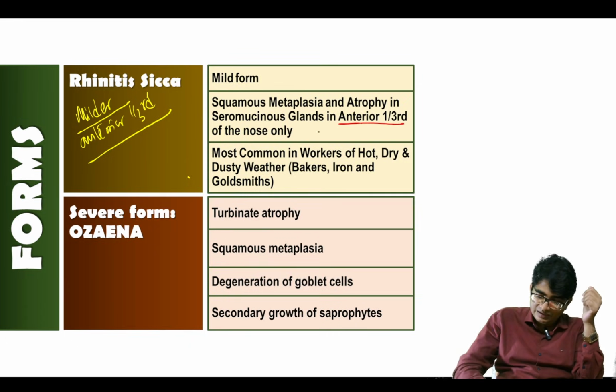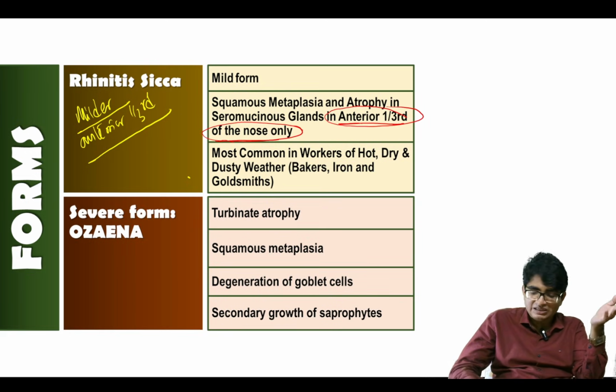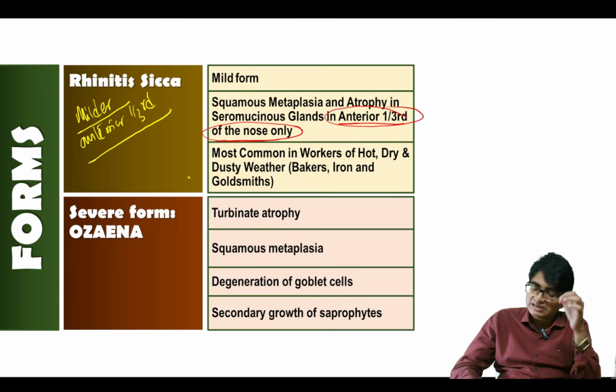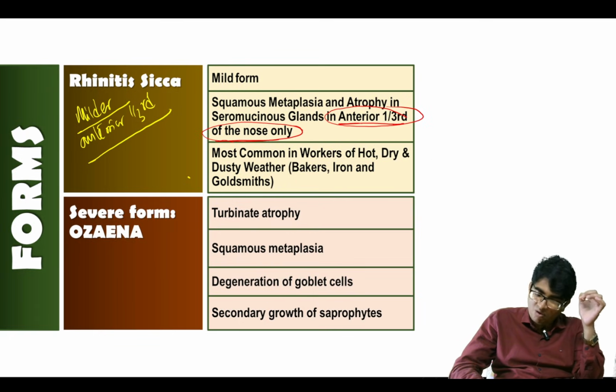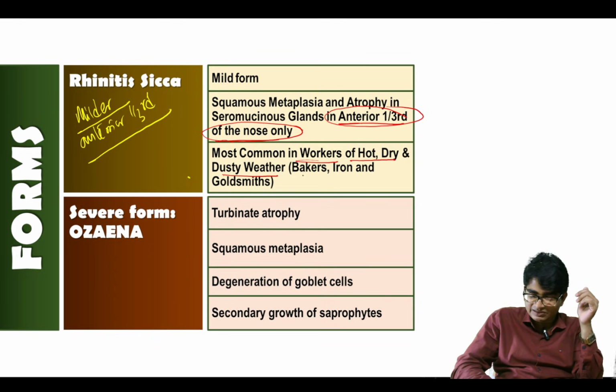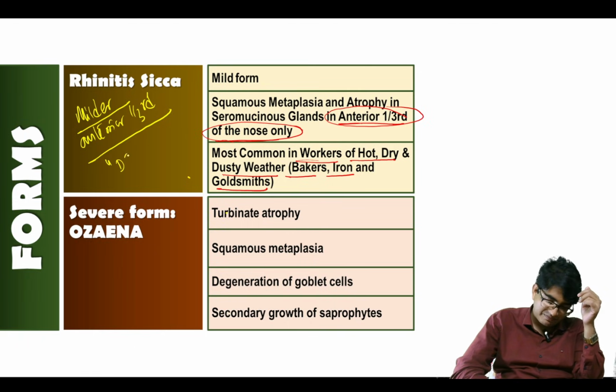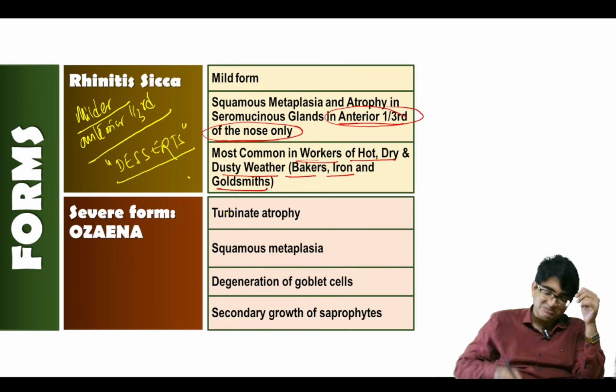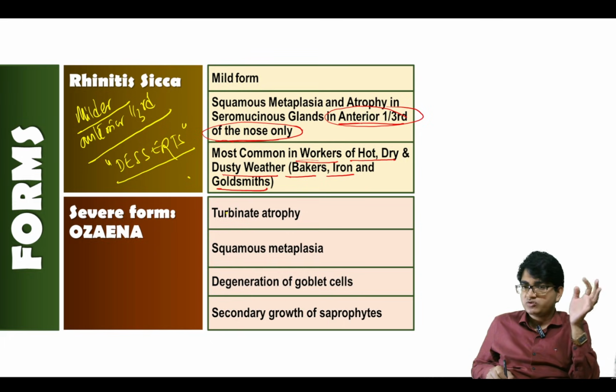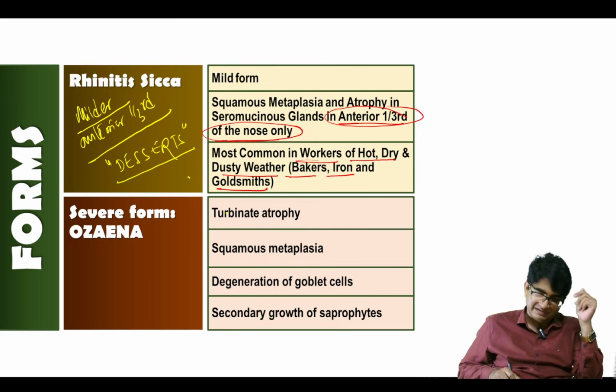So there is squamous metaplasia, and obviously atrophy of the ceruminous glands, in the anterior one-third of the nose only. It is most common in workers of hot, dry and dusty weather like bakers, ironsmiths and goldsmiths. So it is also known as atrophic rhinitis of deserts, correct, obviously. So now you know that rhinitis sicca is most common in hot, dry and dusty weather.